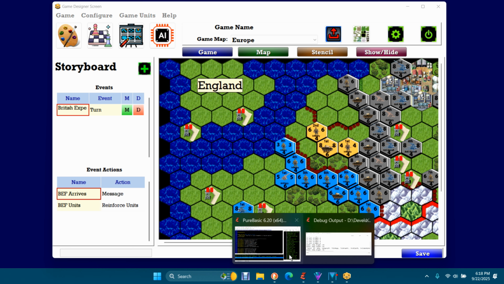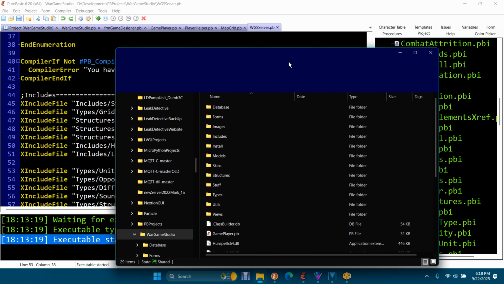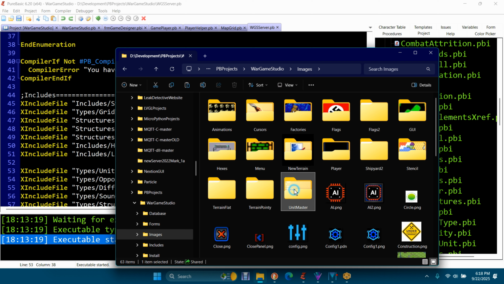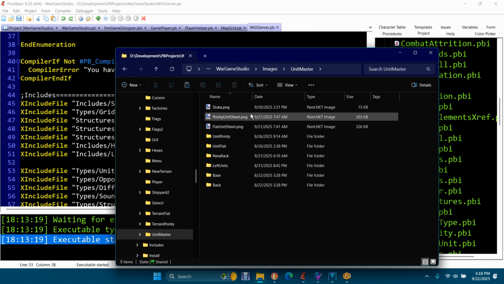Let's open the project folder, go to images, come down to unit master, pick one of these, and open it up with OrphanView. This is huge, actually.